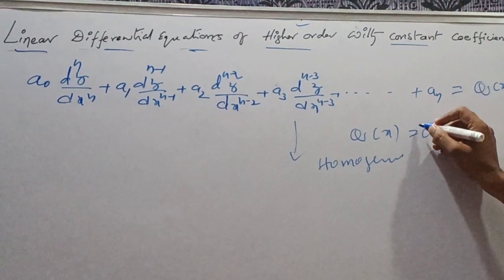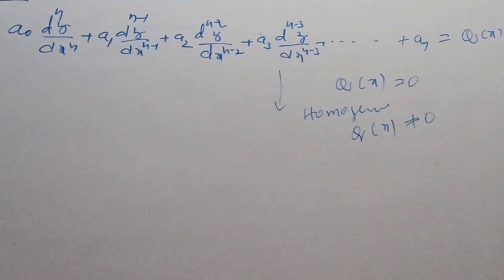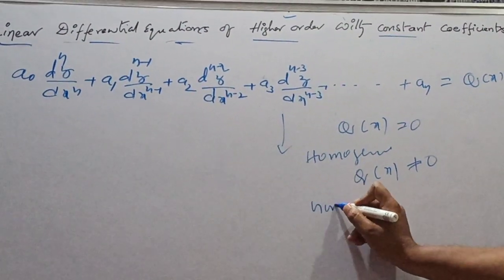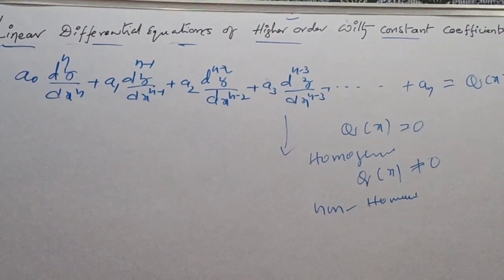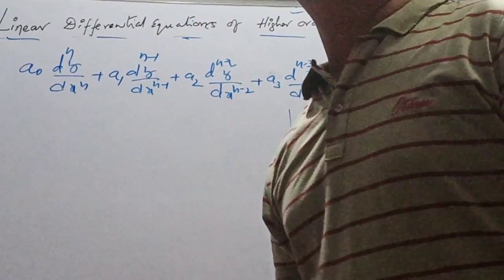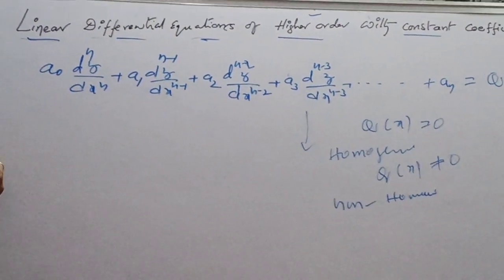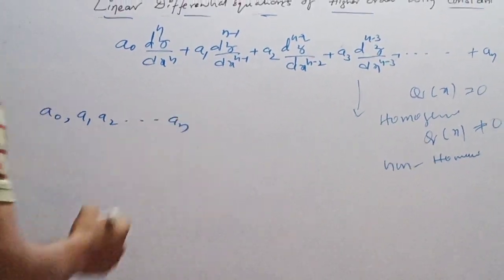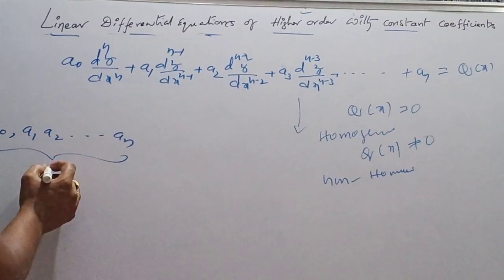Suppose Q of x is not equal to 0, then this linear differential equation is called a non-homogeneous differential equation. Here the coefficients a0, a1, a2, and so on up to an, as we already discussed, are constant coefficients. So all these are constants.